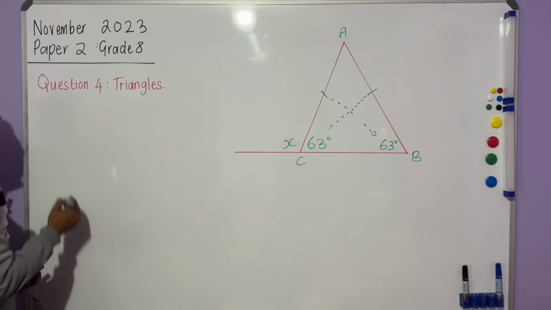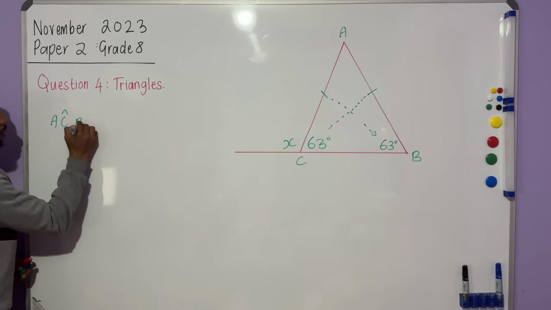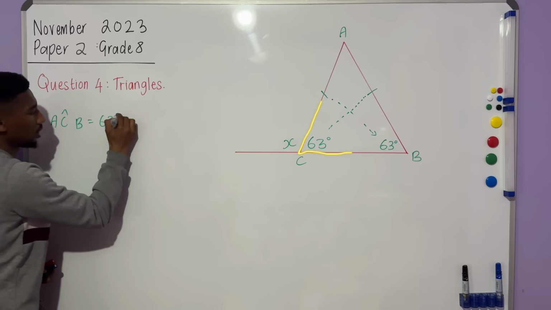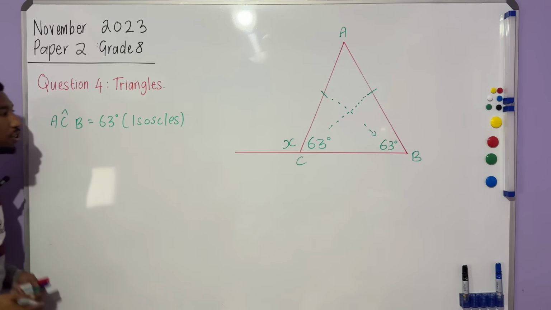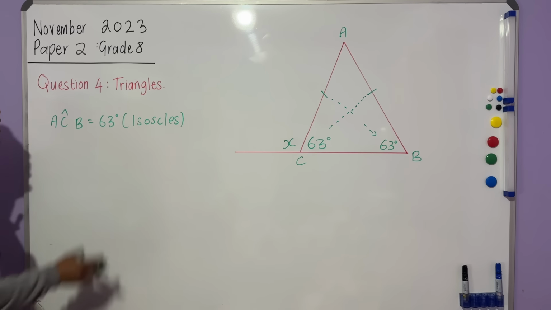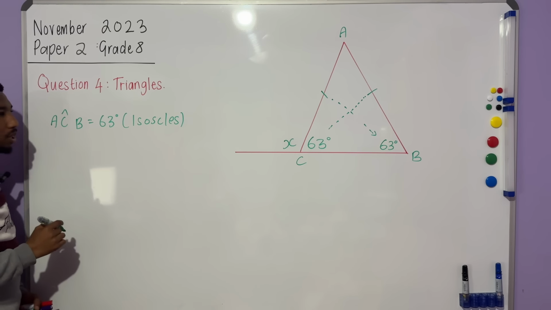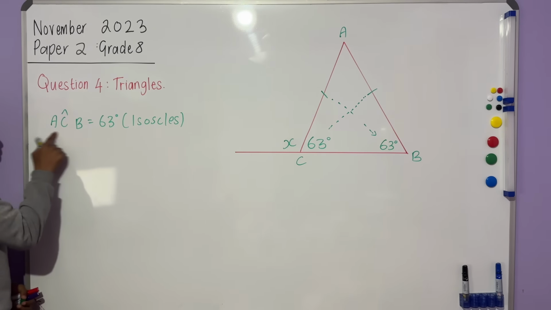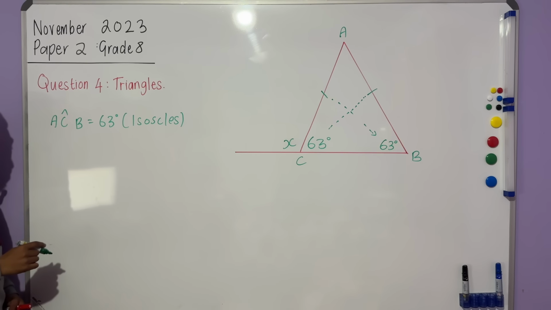Okay, so then you would write it down as ACB is equal to 63 degrees, and your reason there is isosceles. Whenever you do find information, you need to write it down on your answer sheet with your reasoning. Okay, and you need to also know how to refer to this type of notation for your angles.